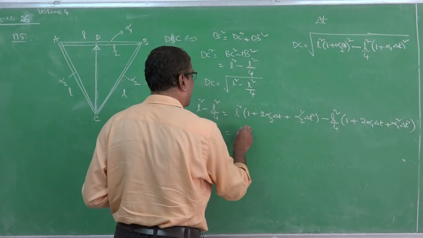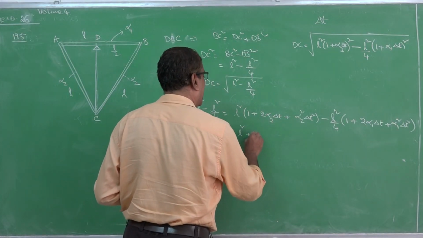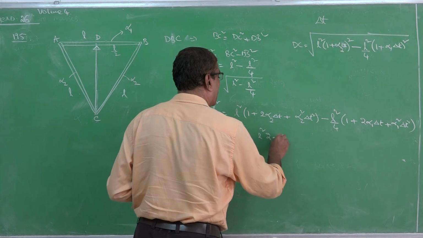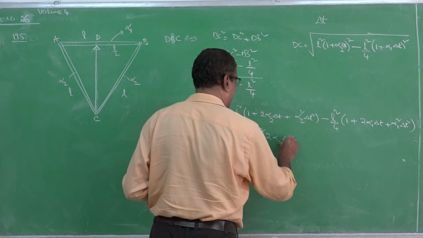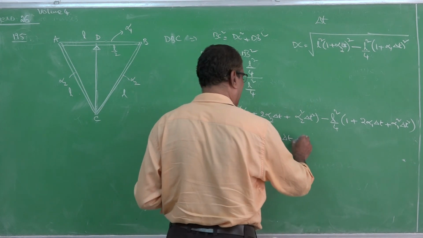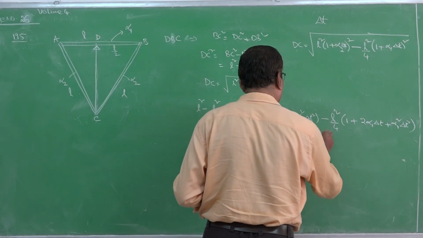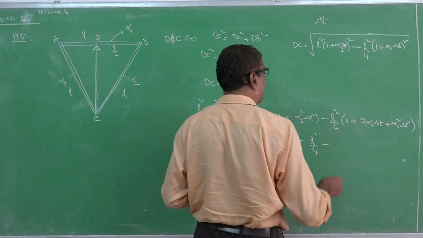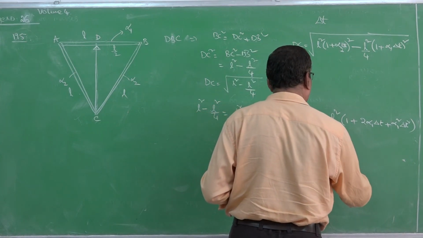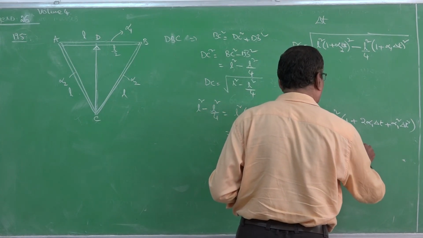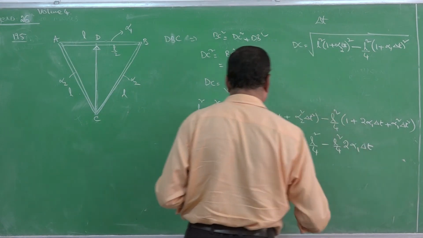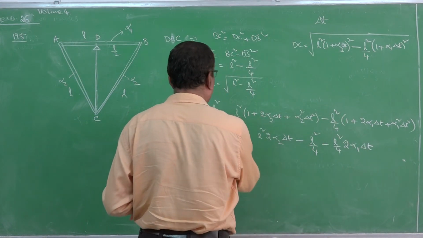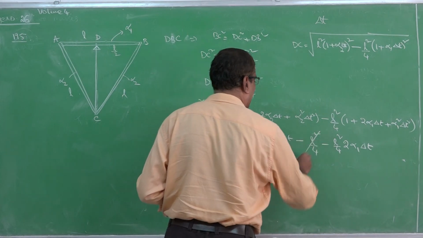So we can directly write L square plus L square into 2 alpha 2 delta T minus L square by 4 minus L square by 4 into 2 alpha 1 delta T. The L square minus L square by 4 terms get cancelled.